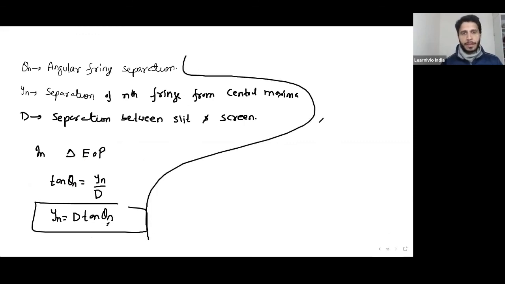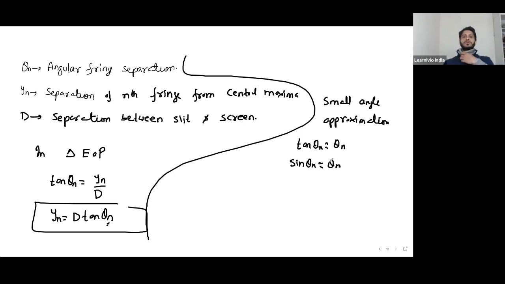One more thing. If I consider the small angle approximation, that the angle is very small, then remember, tan theta n is almost equal to theta n, and sine theta n is almost equal to theta n. So tan theta n can be written as theta n, and yn is just D into theta.